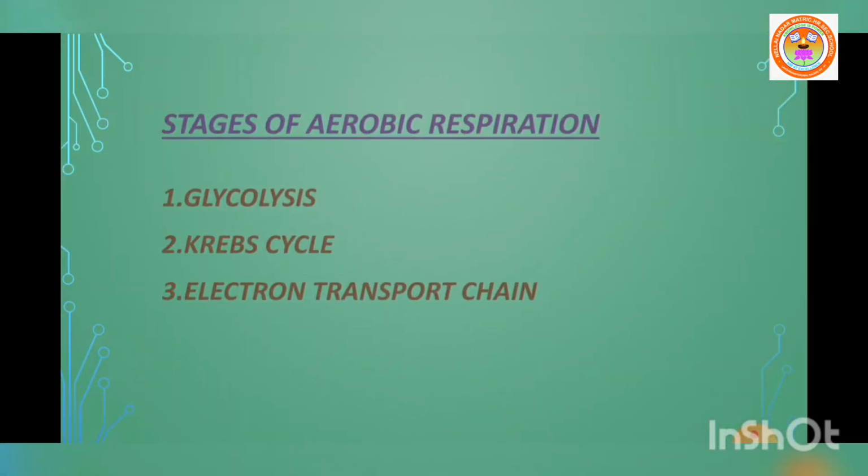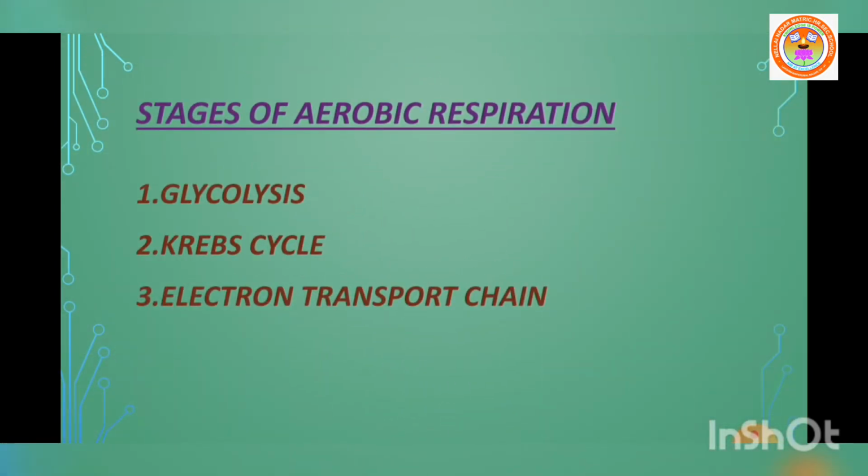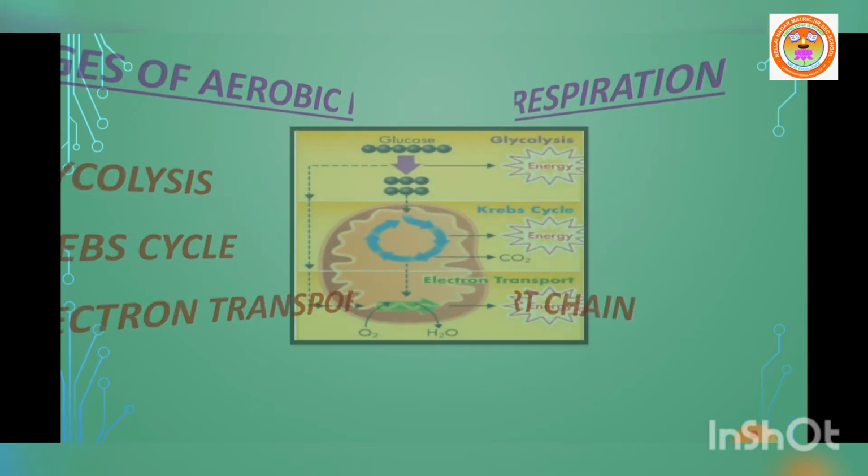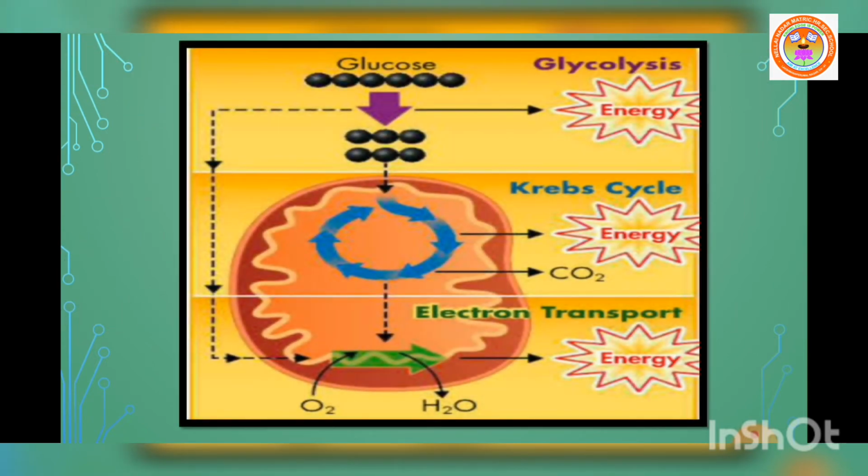Let me move on to the stages of aerobic respiration. What are the different stages of aerobic respiration? Glycolysis, Krebs cycle, electron transport chain. First, glycolysis. What is glycolysis? Glyco refers to glucose, lysis means splitting.